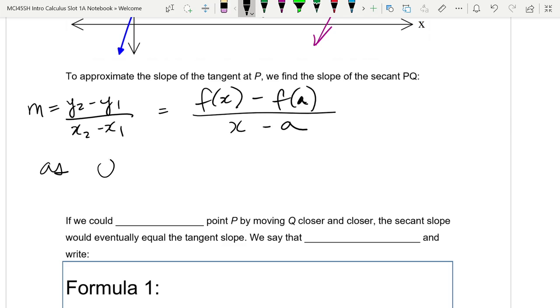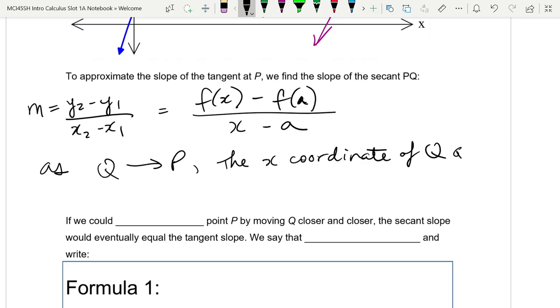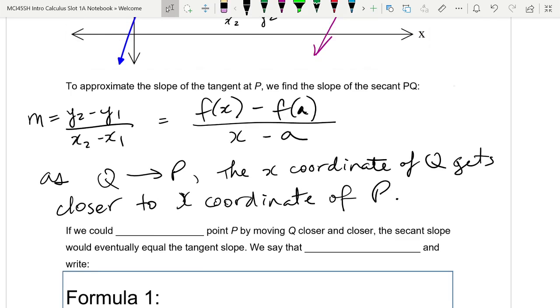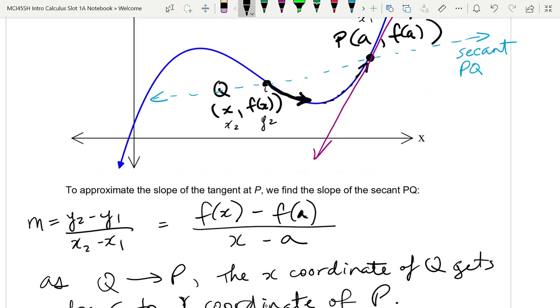But of course, as Q gets closer and closer to P, the x coordinate of Q gets closer to the x coordinate of P. So looking at the picture, this is the x coordinate right here, this is x, and of course down here this would be a.